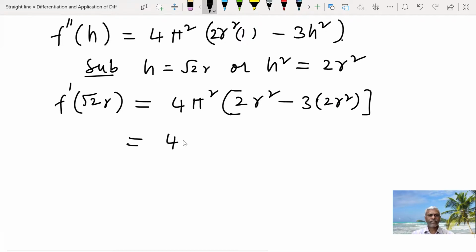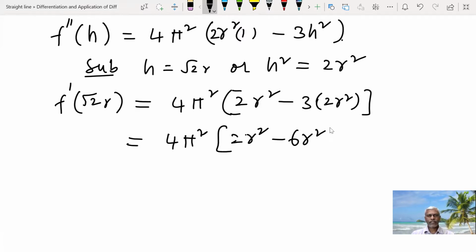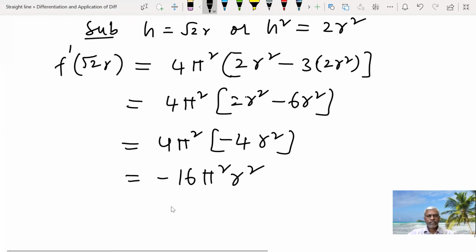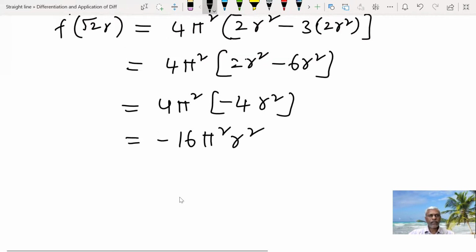That is 4 pi square into 2 r square minus 6 r square, 2 minus 6 is minus 4 r square. That is minus 16 pi square r square, which is a negative value.